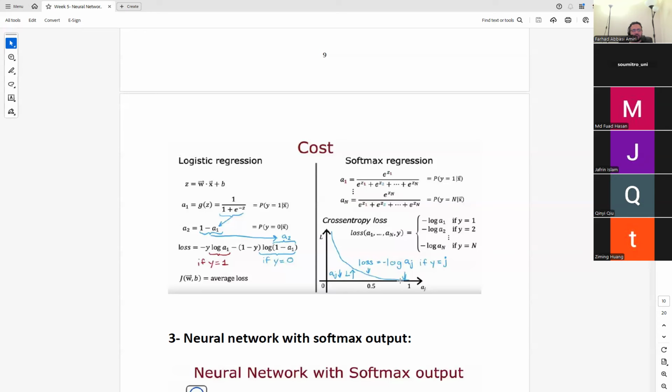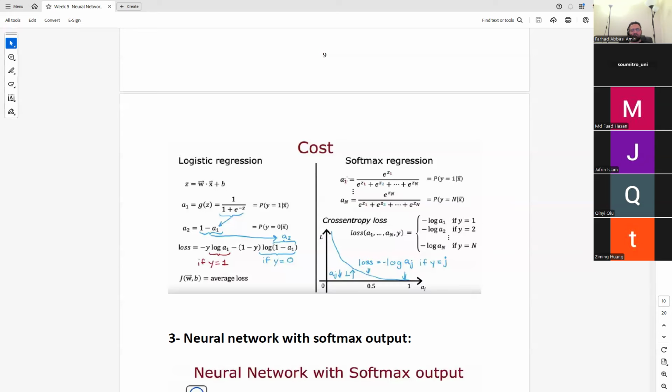What was aj? You see a for any arbitrary class, 1 up to n, or aj, shows the probability of y being one of those possible outputs, right?